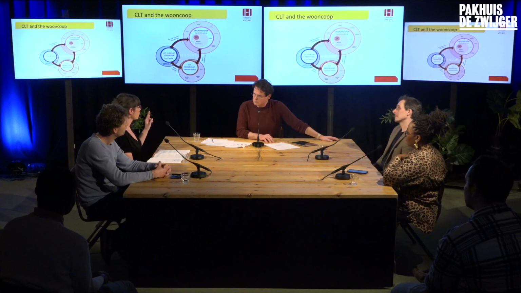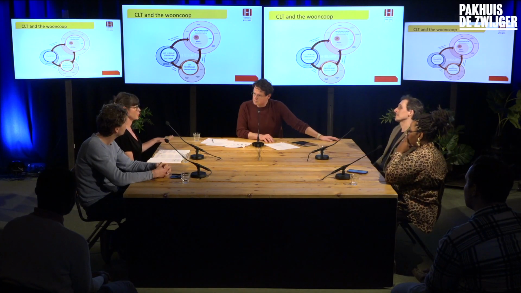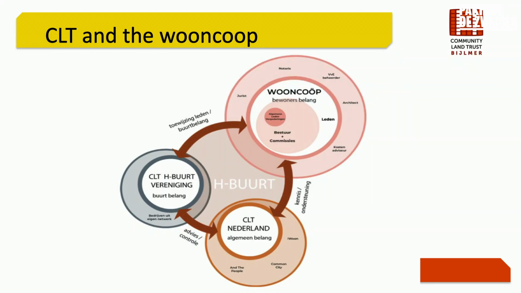And what we saw from the initial votes, I won't talk about how you did that now, is that the outcome was basically using a point system where you say the stronger your ties are to the neighborhood, the longer you've lived here or that you've worked here or you volunteer in the neighborhood or you're a teacher in the neighborhood, the more points you have accrued in order to eventually live in the Woon Co-op. But that allocation process must be decided by the broader CLT because that's the way that the Community Land Trust is organized. And why did you make that decision?